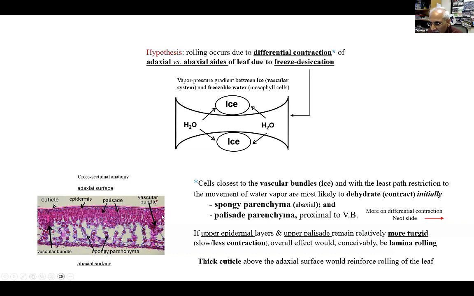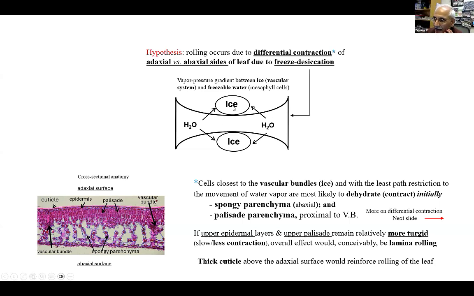So here is a leaf anatomy, essentially, of these Rhododendron maximum leaves. This is a cuticle upper here, and then you have an epidermis, then you have palisade, and then you have spongy parenchyma. These are the vascular bundles. So the upper side of the leaf is adaxial, and the lower side is abaxial surface.